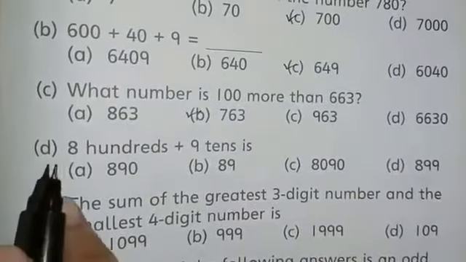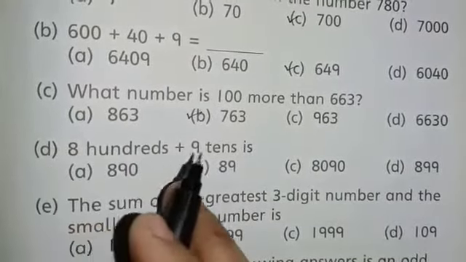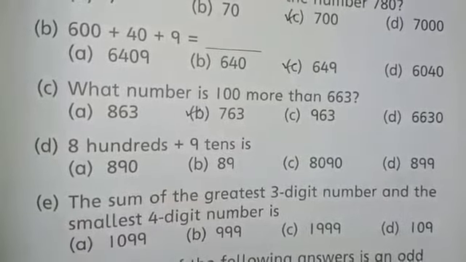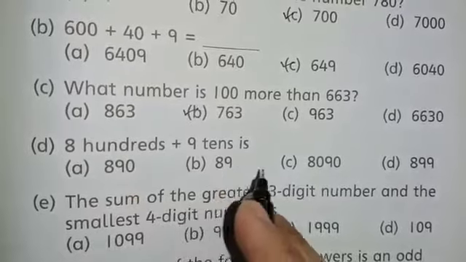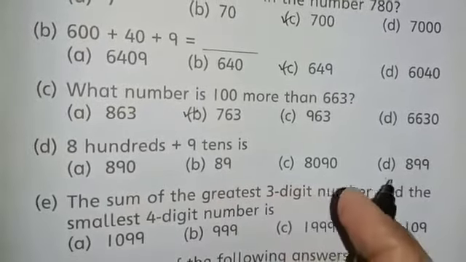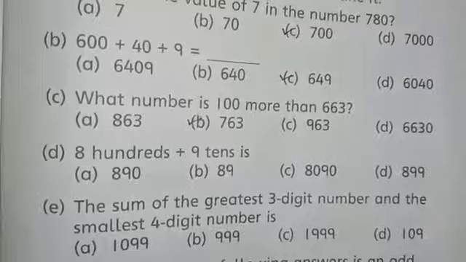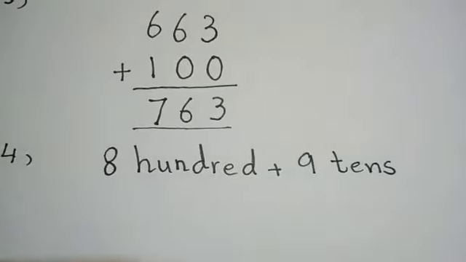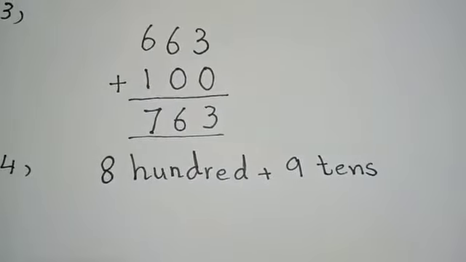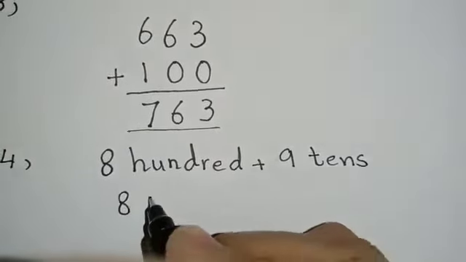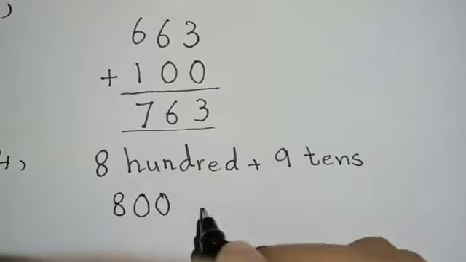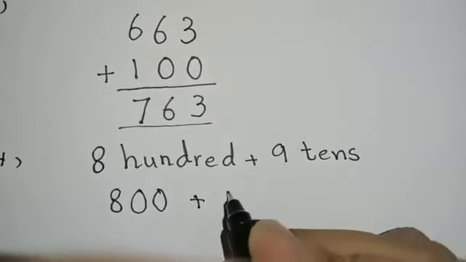Now D part is 8 hundreds plus 9 tens is. Options are 890, 89, 8090, and 899. Students, look at this. It's 800 plus 9 tens. 9 tens means it's 90.